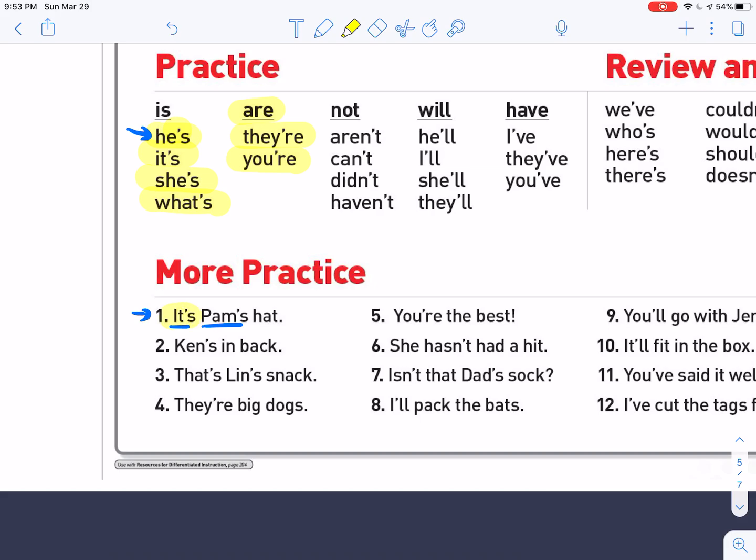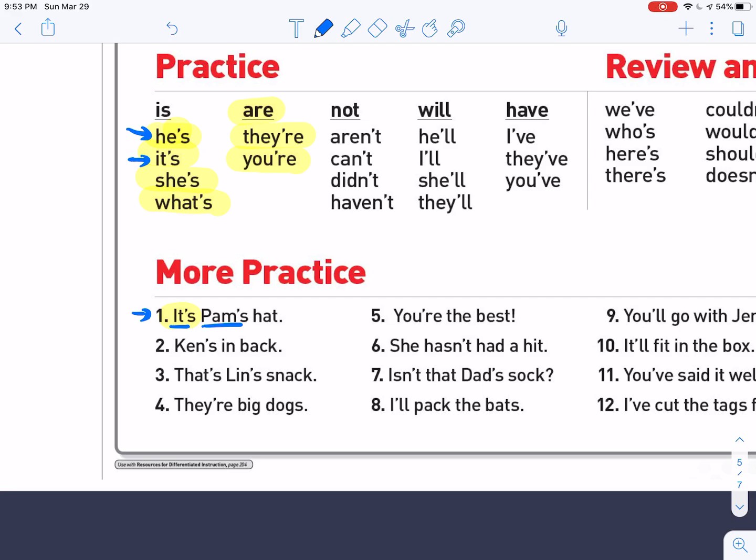I don't think this word is a possessive because it does not show ownership. It is not followed by a word that names something that is owned. This apostrophe must signal that one or more letters has been left out. This word is a contraction of it is. And you'll notice it right up here from our practice, right?